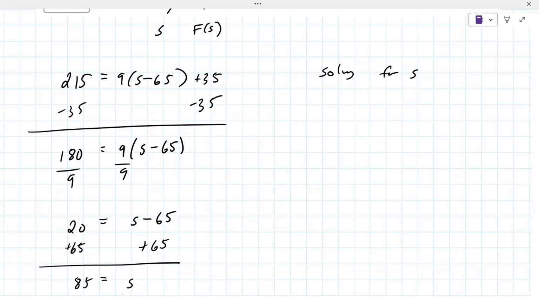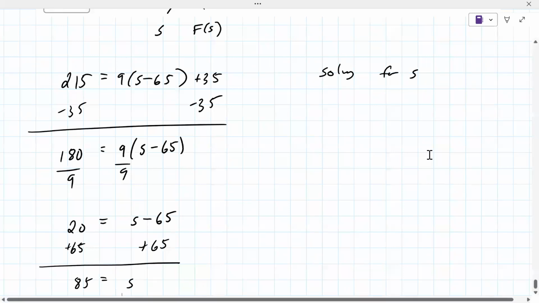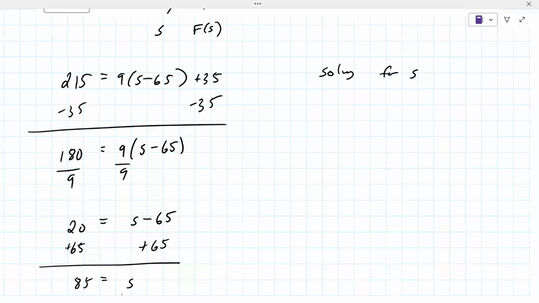So you've got to figure out what it is and then just solve it all the way down. That's not too bad.